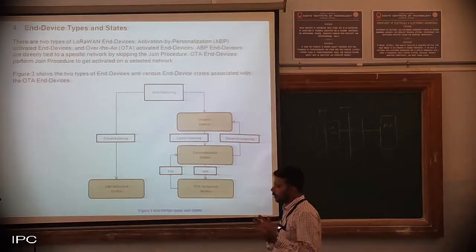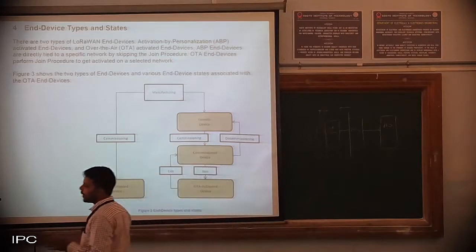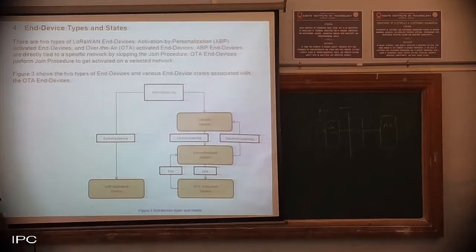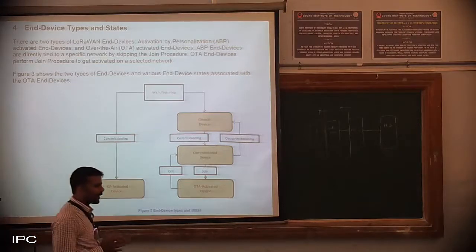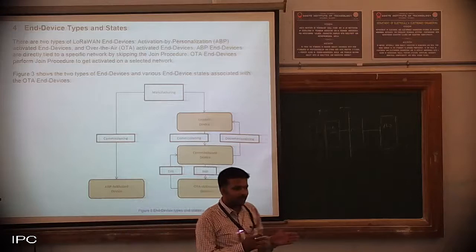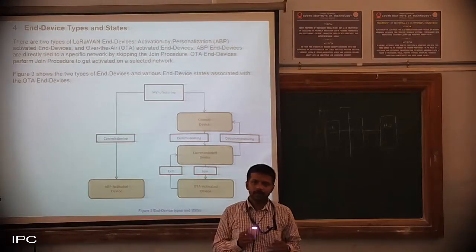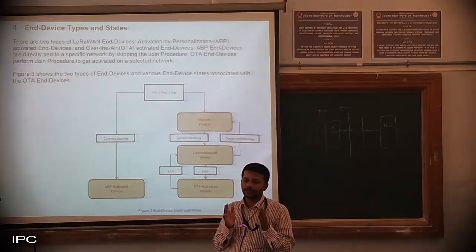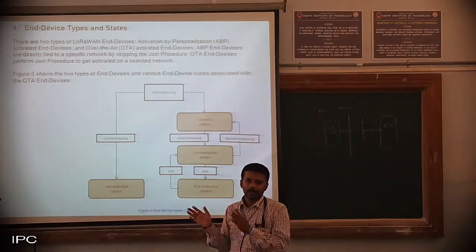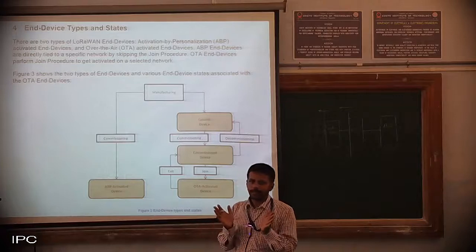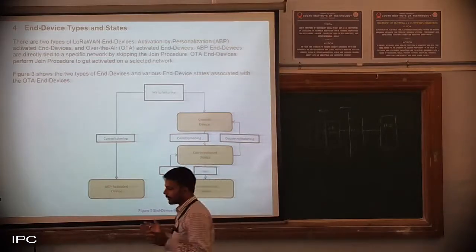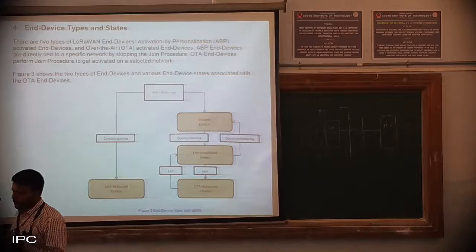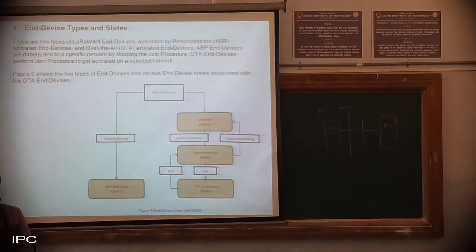So one is OTAA, over the air activation, and the other is ABP, activation by personalization. This we call the end device activation methods. This is a very important part of unit 5. End device activation methods are used for secure data flow. If the entire LoRa IoT system is to be secure, we should use proper end device activation methods.